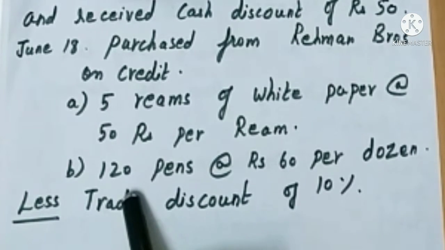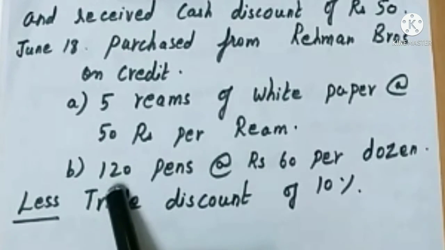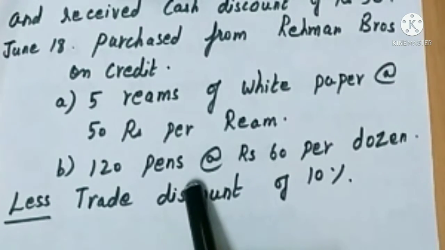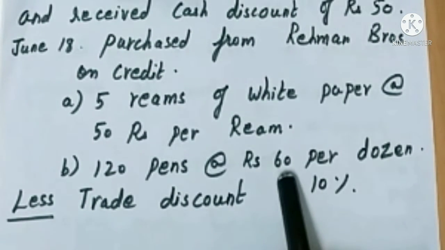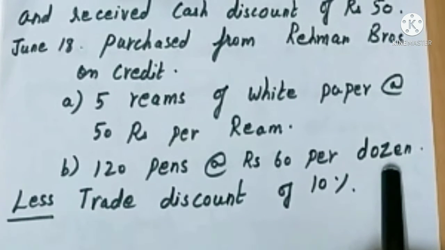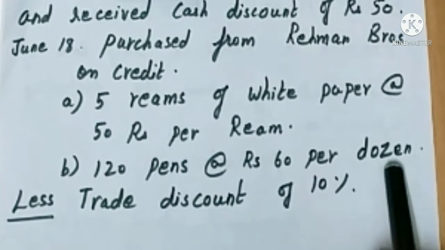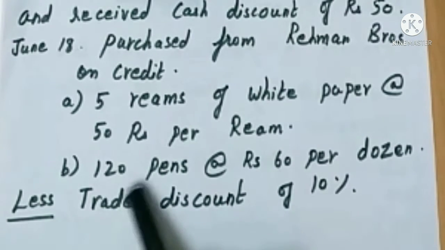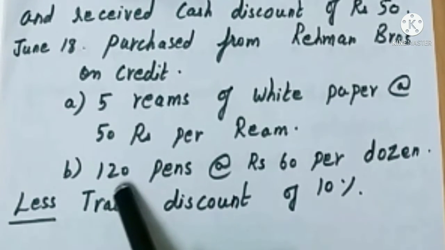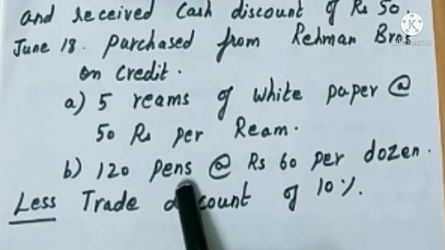And one more important point, here it is clearly mentioned that 120 pens at rupees 60 per dozen. So it says 60 per dozen, but here they have given only 120 pens. We have to see how many dozens 120 pens make.